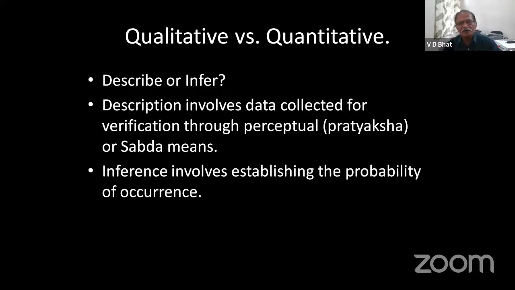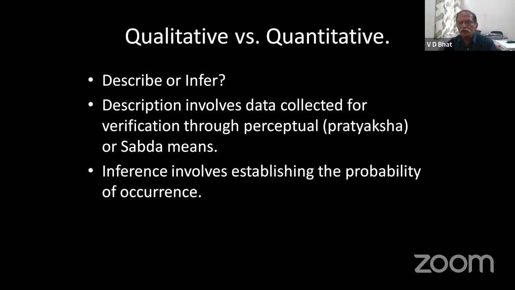Whereas the other, which is quantitative research, is inferential by nature. We want to infer based on a certain set of data. We want to show that this is the effect, or this is the value of the dependent variable. Inference involves establishing the probability of occurrence, to what extent it will be. For example, when you say there is a moderate relationship between mental health and academic achievement, you are speaking in terms of probability, right?